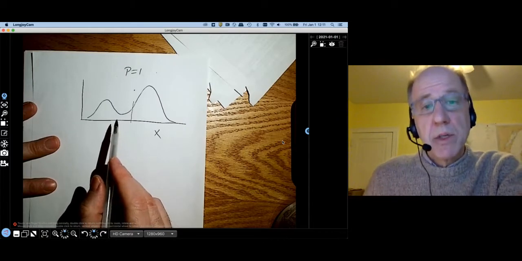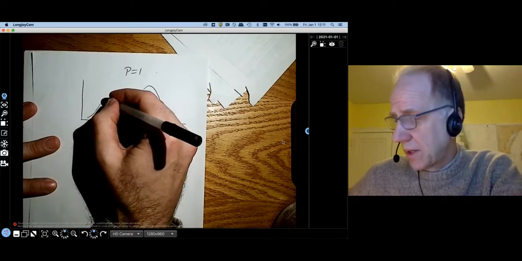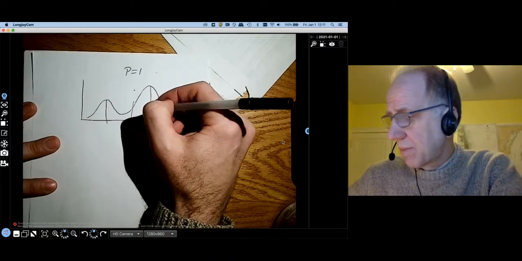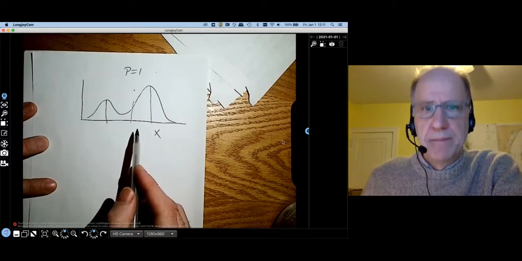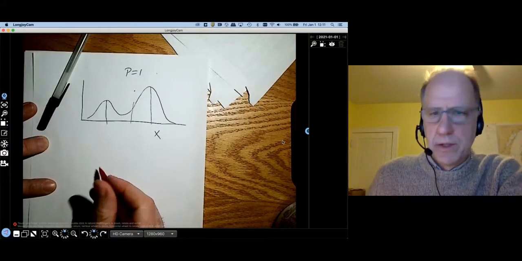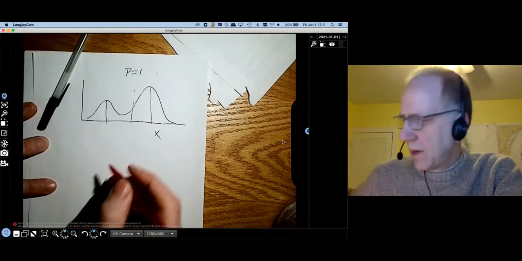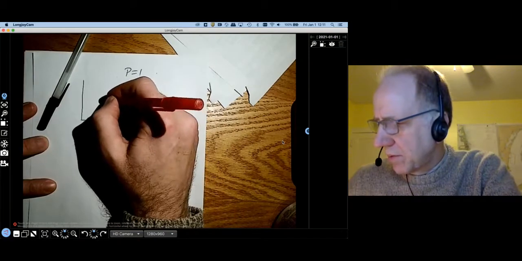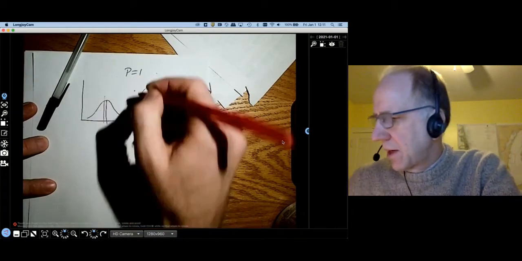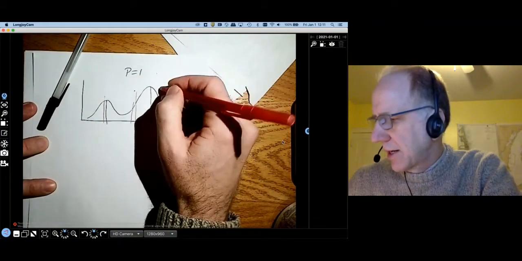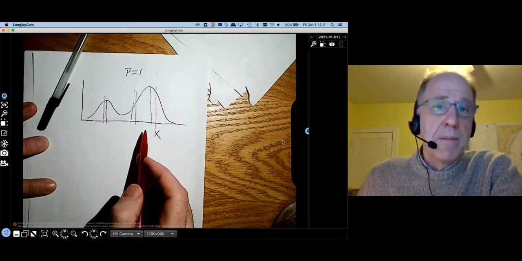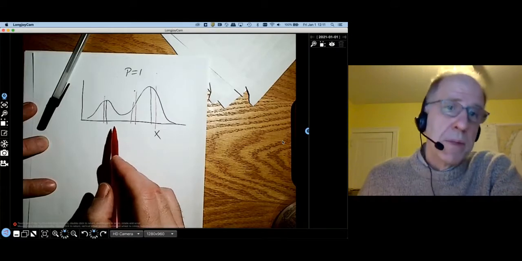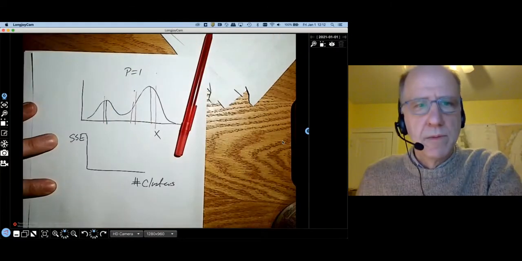Alternatively, if I said, give me 2 clusters, what would happen is that k-means would probably pick something like this, and my sum of squared errors would drop a lot. Now if I said give me 3 clusters, I'll draw this in red, maybe one cluster mean will drift over a little bit, and we end up splitting this giant mode into 2 bits, and my sum of squared errors would drop a little bit, but not a lot.